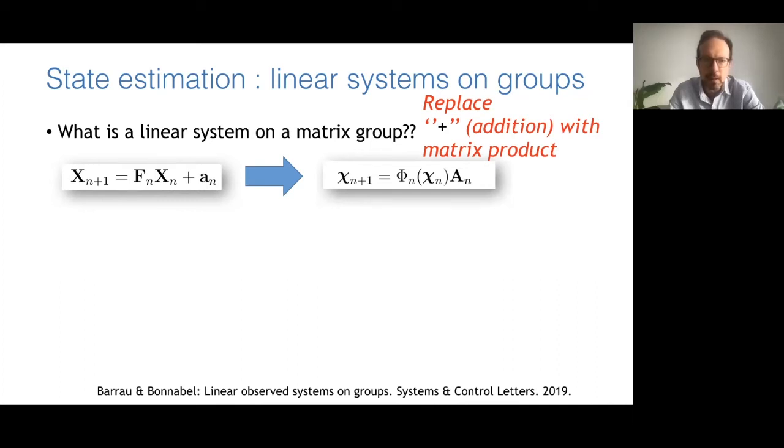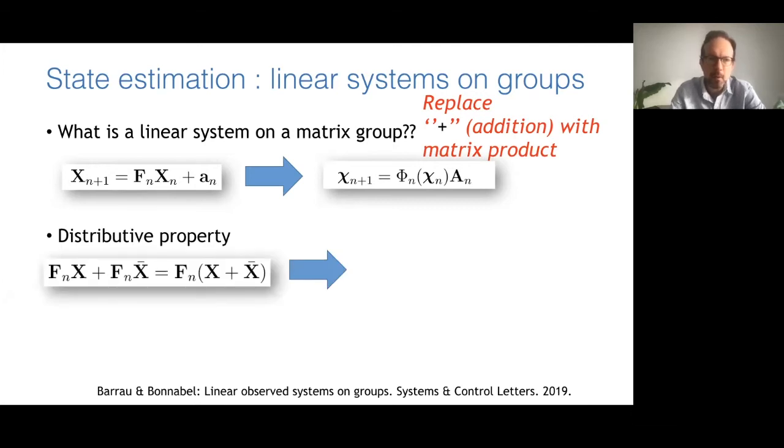I get something, okay, so this is an analog to f times x, I'm going to discuss it just afterwards, times the input. A now is just an input matrix, okay. So this is the dynamics. Then what is the property that I have used regarding linear maps? It is the distributive property.